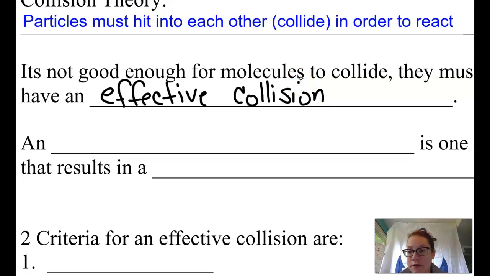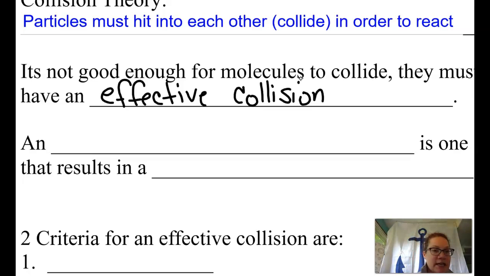All right, so think about it this way. If these are going to represent atoms, and if we want the electrons in one atom to move to the other atom, let's say that we're simulating an ionic bond. If they bump into each other, that doesn't mean that we're necessarily going to have a chemical reaction. There's two criteria to have a chemical reaction.